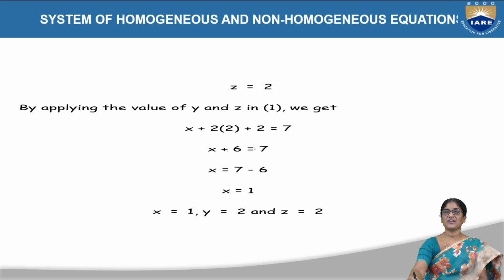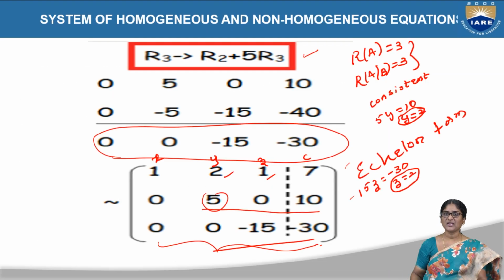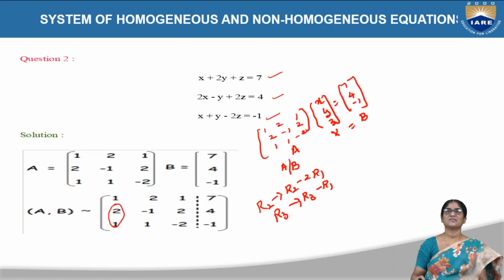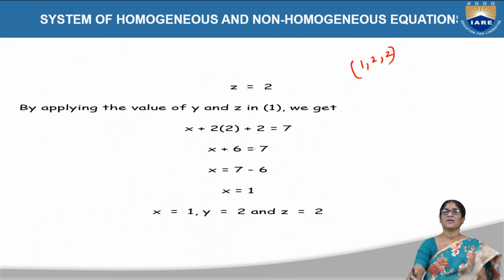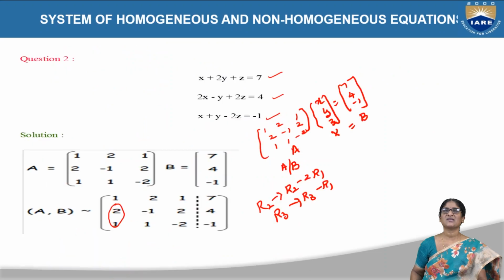So let us see the verification part. The solution that we have got is 1, 2, 2. So let us take any one of the equations, that is the first equation, x plus 2y plus z is equal to 7.